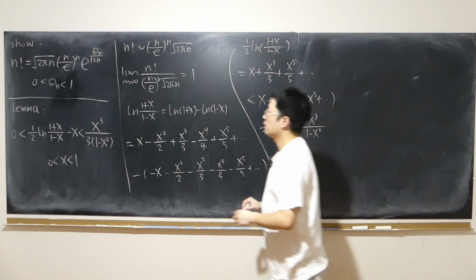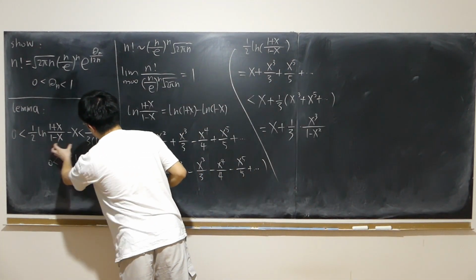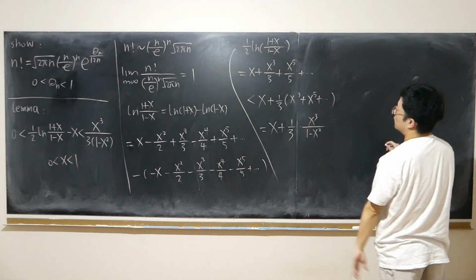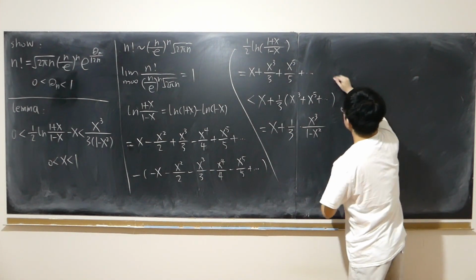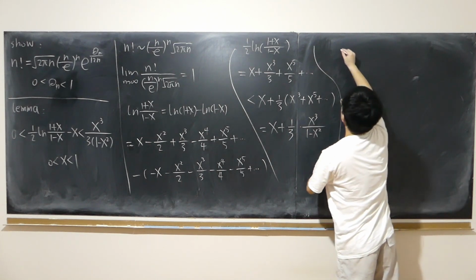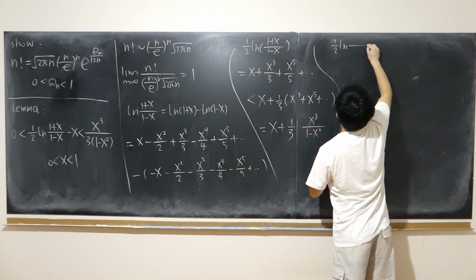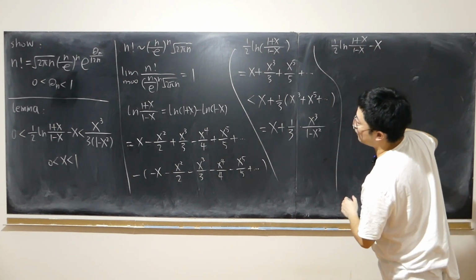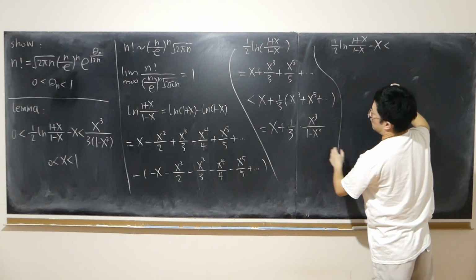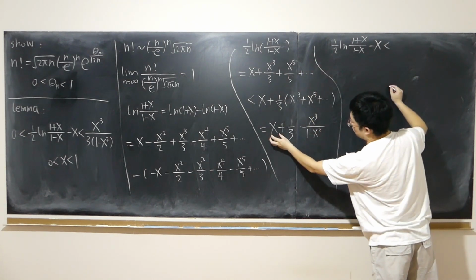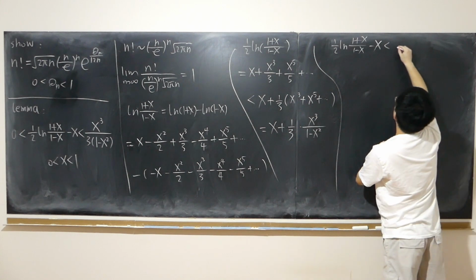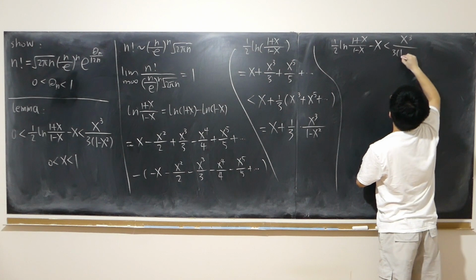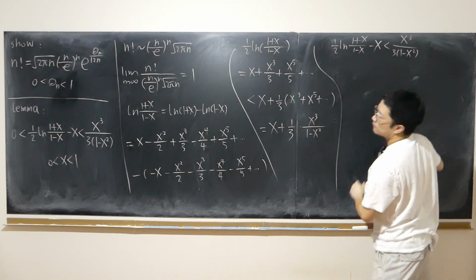Then I'm going to show this inequality, right? So subtract x from that, so subtract x from here. So which means half of log of (1 plus x over 1 minus x), subtracted x, is really no larger than x cubed over 3 times (1 minus x squared).